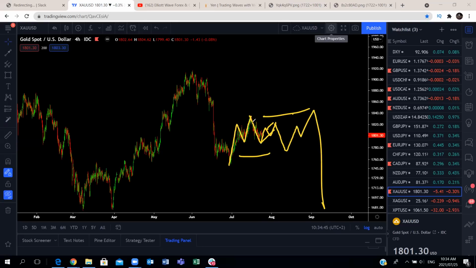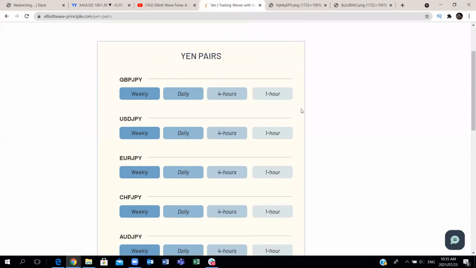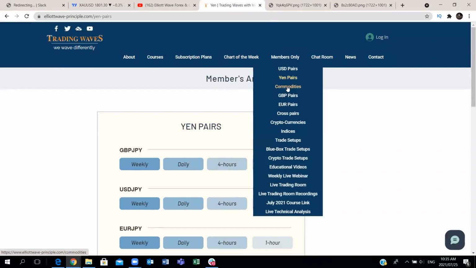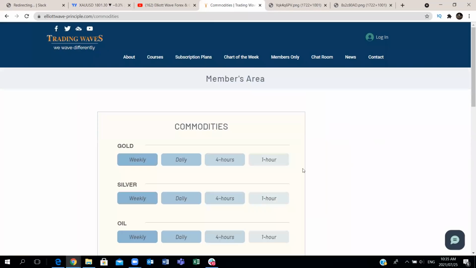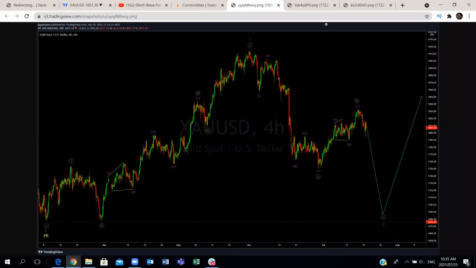So let's watch this way. We're still going sideways. We're not really showing direction here on gold, but we are looking more downside than upside as far as gold is concerned. Okay, let's just go look at the structure here on gold. So gold, we've got this in 3 waves.